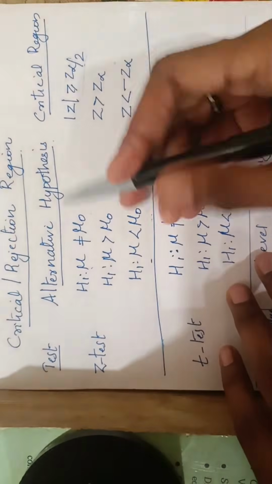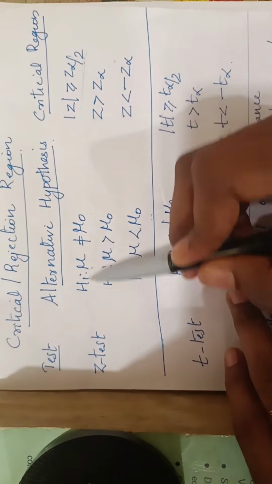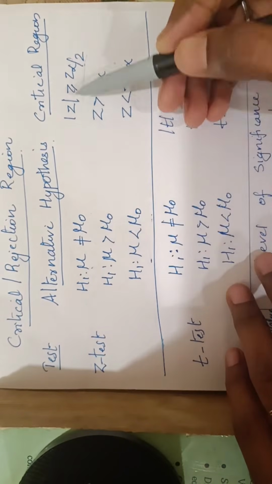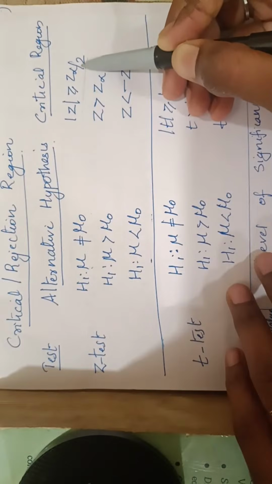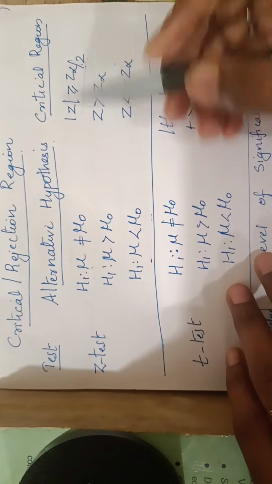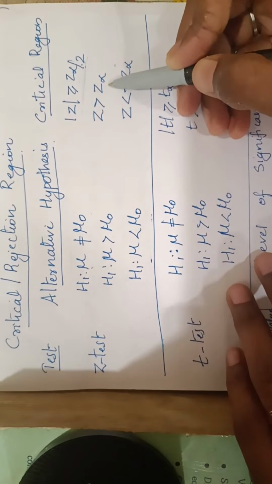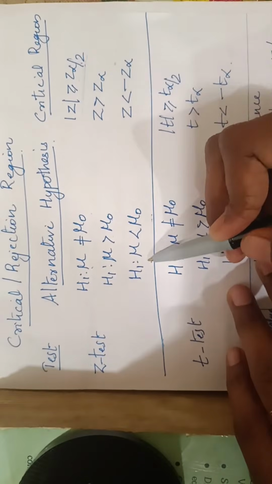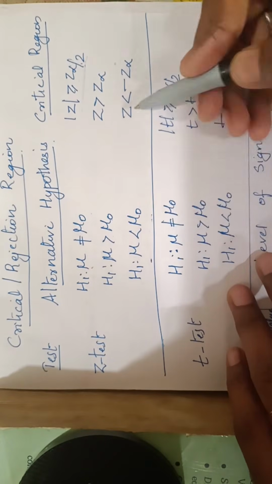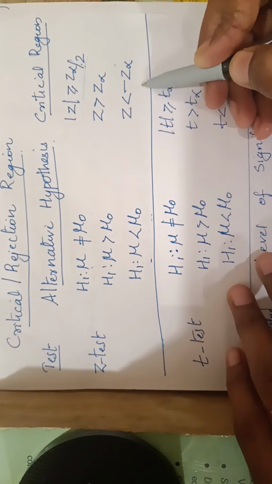We have already discussed that. If our alternative hypothesis is mu not equal to mu naught, modulus Z greater than or equal to Z alpha by 2 will be our critical region. If H1: mu greater than mu naught, Z greater than Z alpha will be our critical region. And if H1: mu less than mu naught, Z less than minus Z alpha will be our critical region.